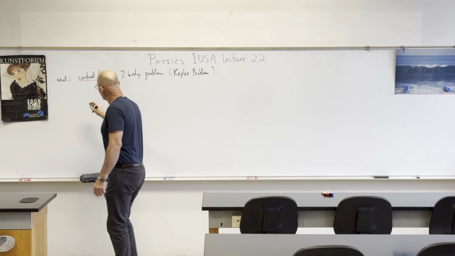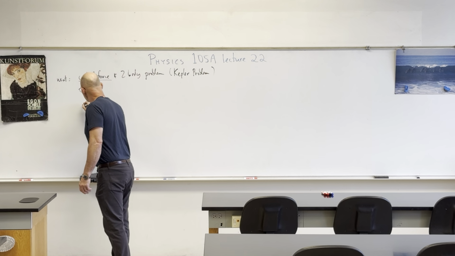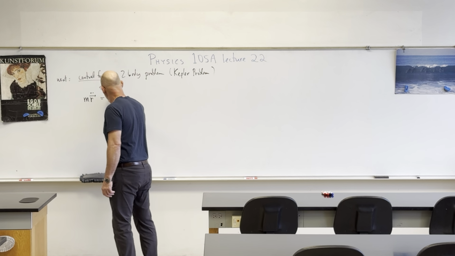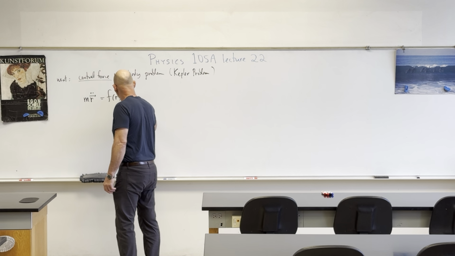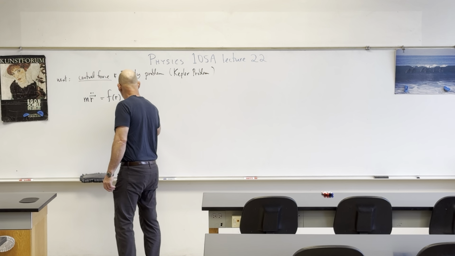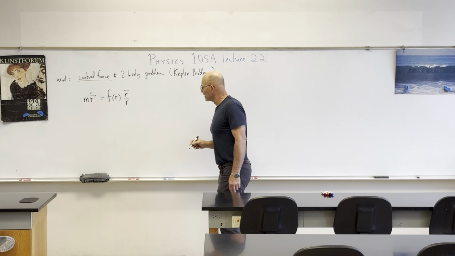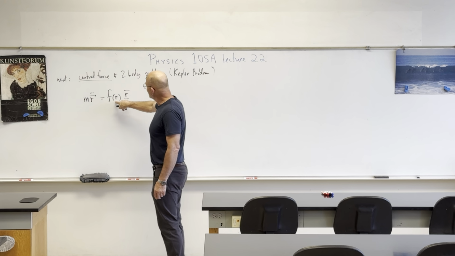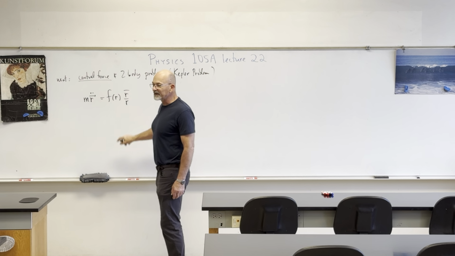So here the idea is that this kind of reminds us of our earlier coordinate discussion as well. We have a force that only depends on the distance from the origin, and we have a unit vector pointing away.